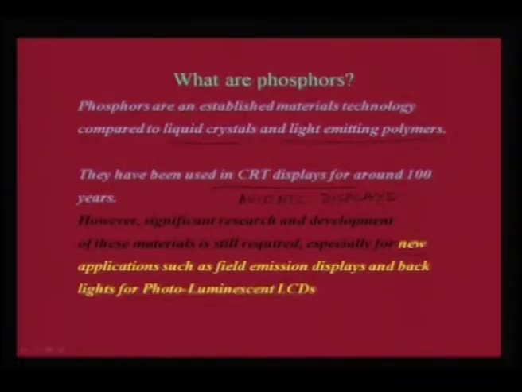Now, new research has actually focused on field emission displays and on photoluminescent LCDs, which are already coming into the market, and the phosphors find a special role in that.